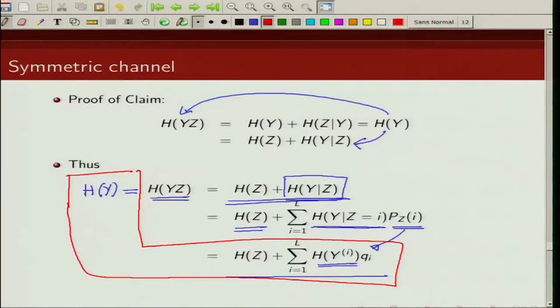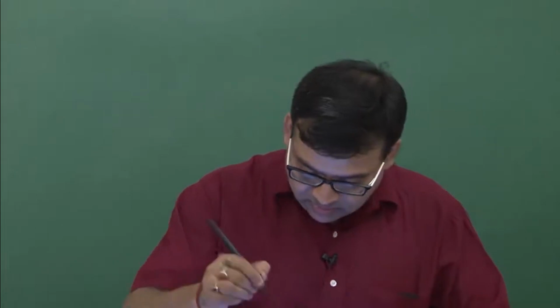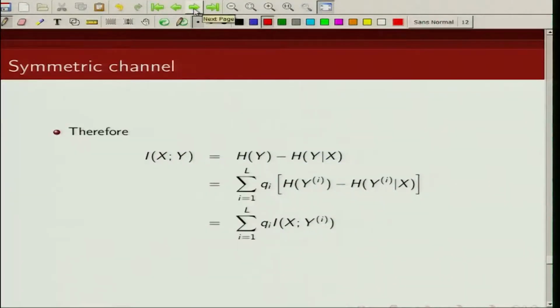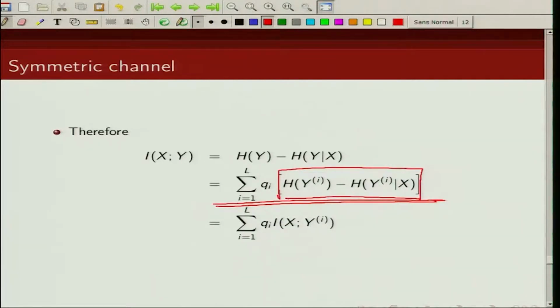Right? So mutual information is maximizing h of y minus h of y given x, and maximizing over all input distributions. So if I subtract h of y given x from this, h of z is common in both of them, so that gets cancelled out. What is left is this particular term. Now what is this? h of yi minus h of yi given x.